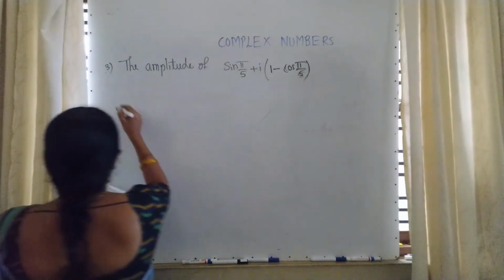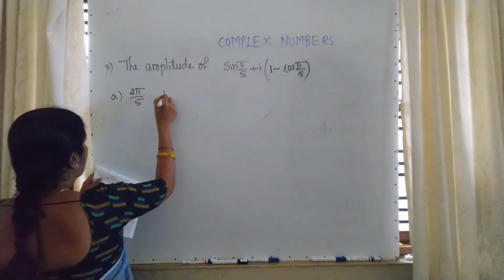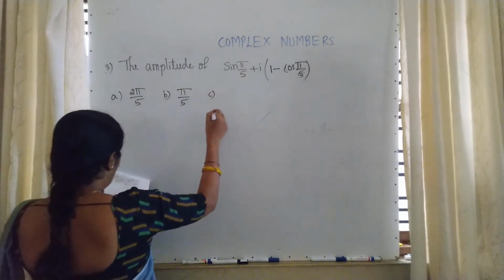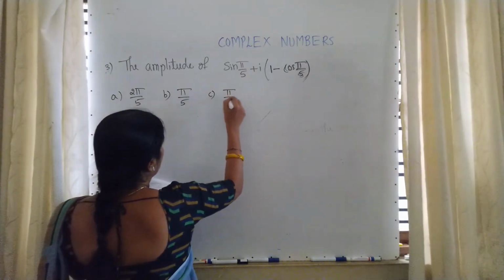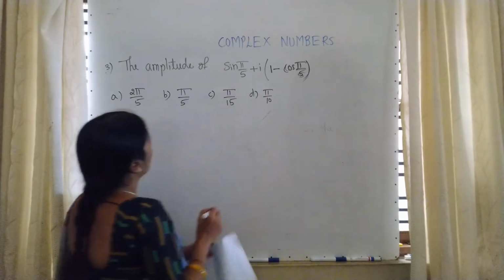First option 2 pi by 5, second one pi by 5, third one pi by 15 and the fourth pi by 10. See, already you are familiar.